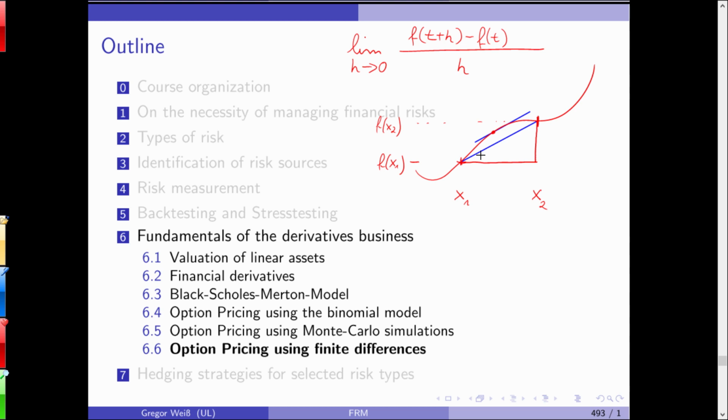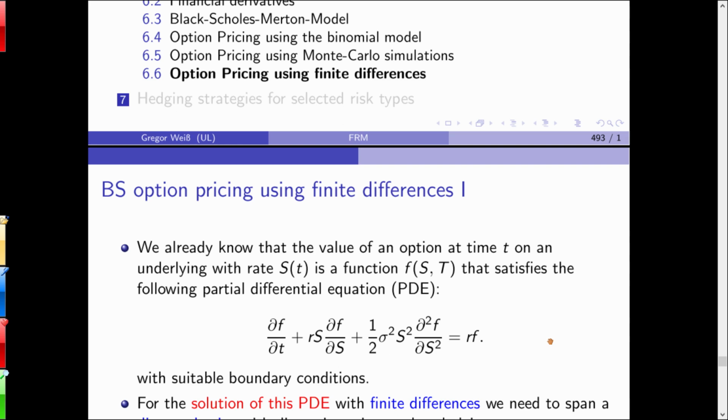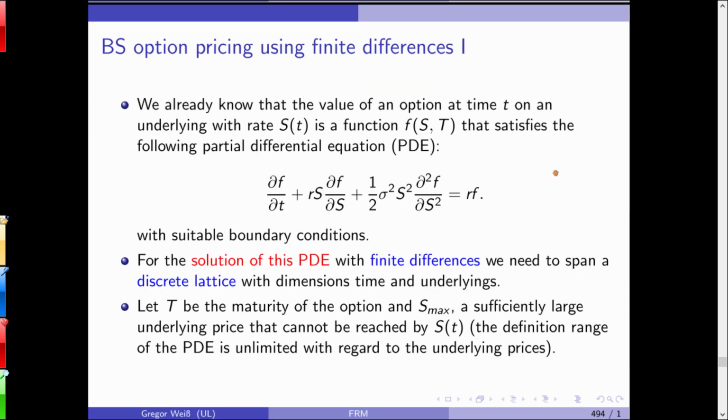It's a little bit more tricky because you have to look for the way how you can substitute those partial derivatives. You can take forward differences, backward differences, and some other things, and then you get different results. But this is the basic idea. We start with Black-Scholes, and this is the Black-Scholes formula, the Black-Scholes equation.